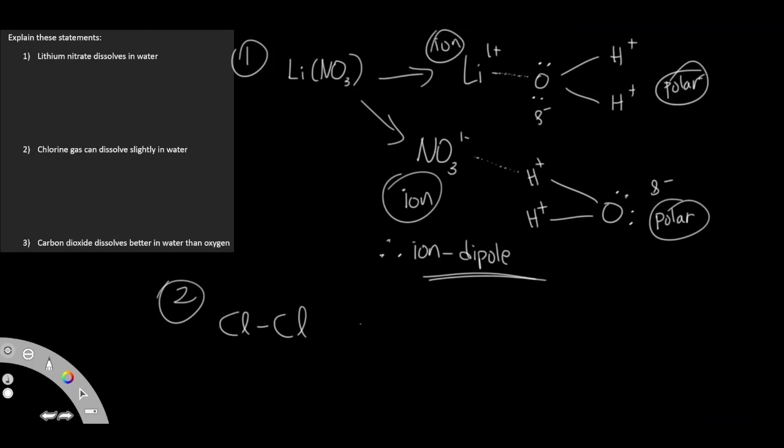Then we have its ability to dissolve slightly in water. Let's have water over here. And you have this interaction. And we're able to have this interaction because it says that it dissolves. If it doesn't dissolve, then we shouldn't be able to see this here.